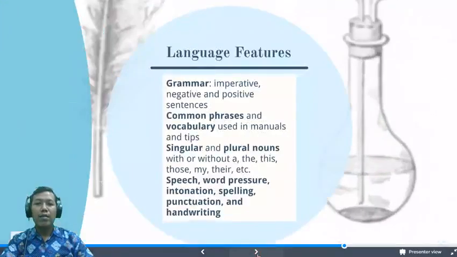Here are some of the language features of the procedure text. First, you have to know about imperative, negative, or positive sentences. Imperative, when you ask somebody else to do something, you use the verb at the start of the sentence.